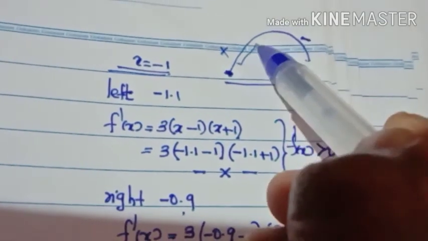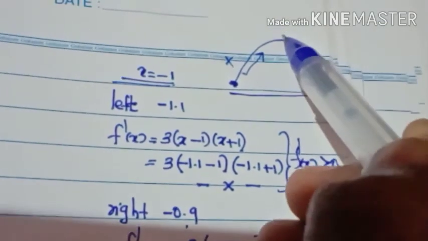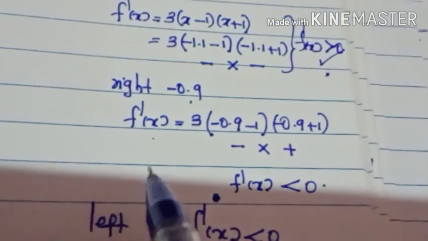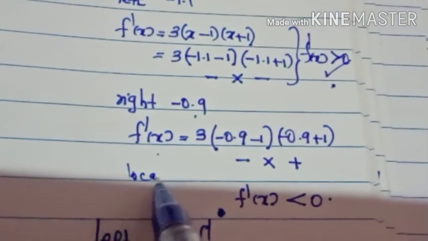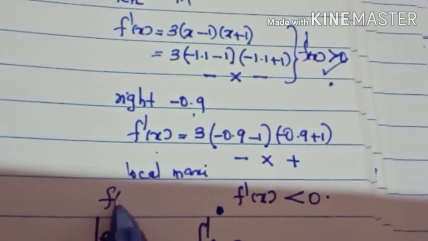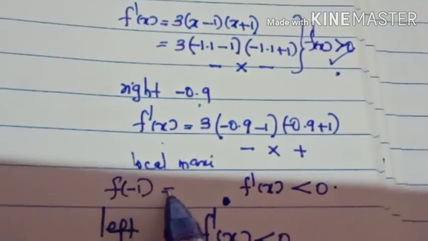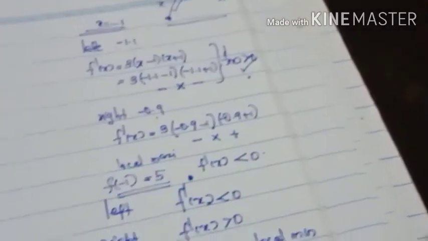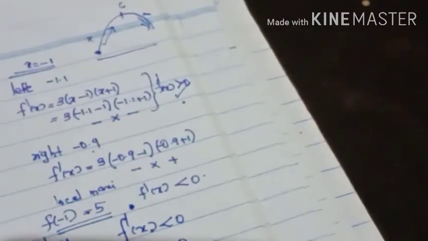So increasing to decreasing. So there is a maximum value and therefore f is said to have a local maximum, and the local maximum value is f of minus 1, and f of minus 1 equals 5.